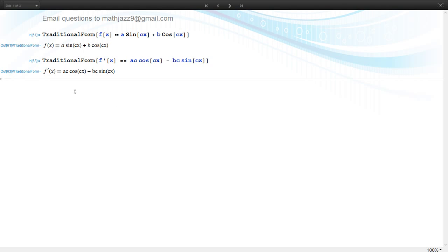So now we take the derivative of this to get the second derivative. So we have our traditional form box.